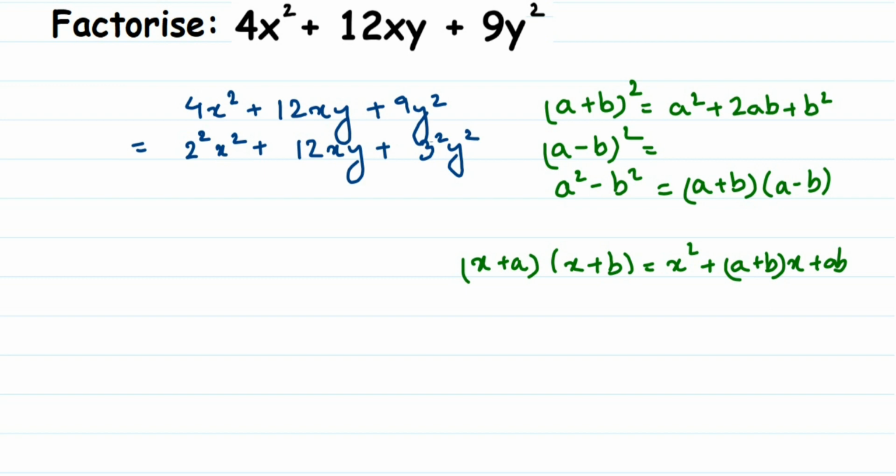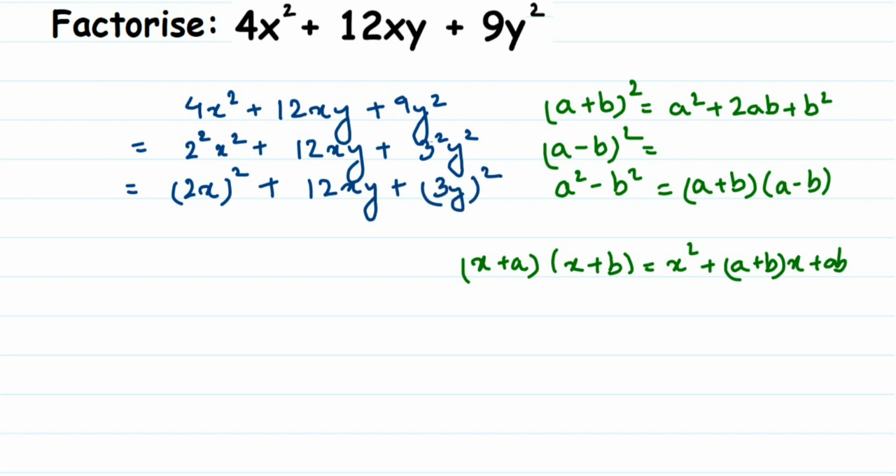Now I'm going to combine the squares here. So 2 square x square can be written as 2x whole square. This is from the exponents chapter: when the bases are different and the powers are the same, the bases will get multiplied. So the power is 2, it's the same, the bases are different, so this will get multiplied. 2 into x will be 2x, so 2x whole square plus 12xy plus 3y whole square.